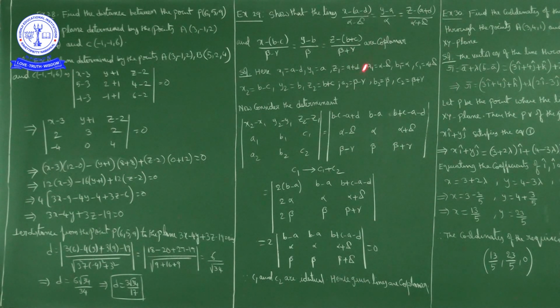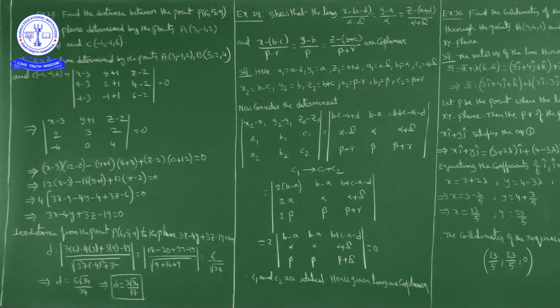These two lines are coplanar. But to show two lines are coplanar, what we can show is the shortest distance between two lines is 0. Now when the shortest distance between two lines is 0, obviously the two lines are coplanar.